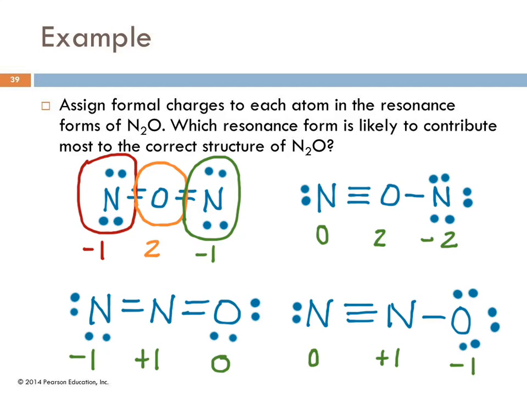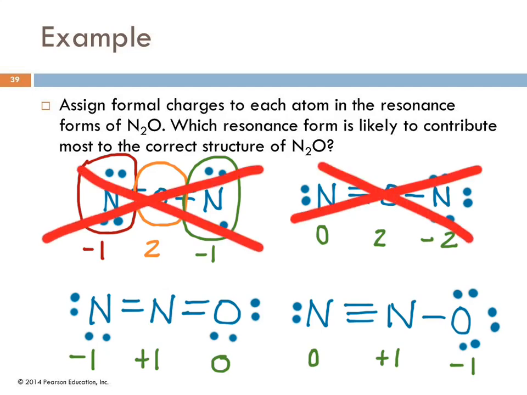So the top 2 we can rule out because they have formal charges, at least one that's a 2. The ones in the bottom have lower formal charges. That tells us they're better. And then we have to choose between these 2. Well, we want to have the negative charge on the more electronegative element. Oxygen's more electronegative than nitrogen.